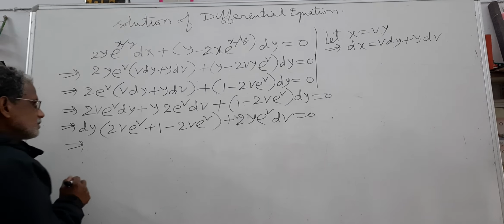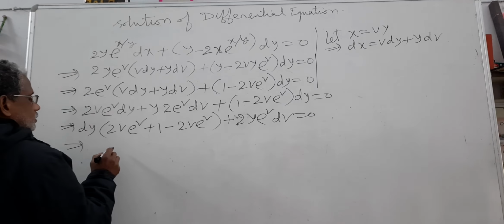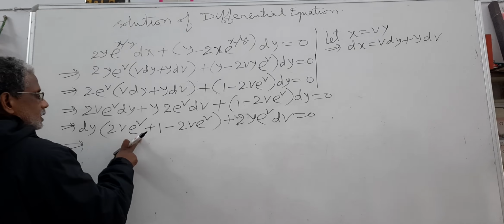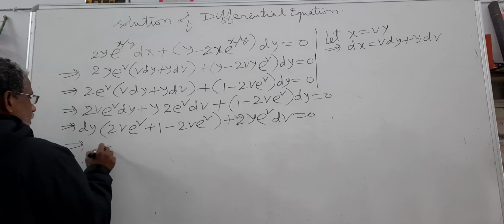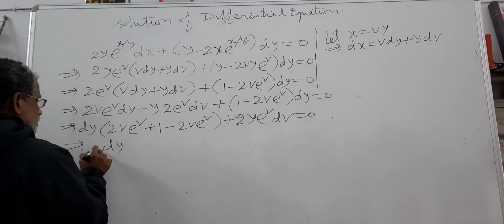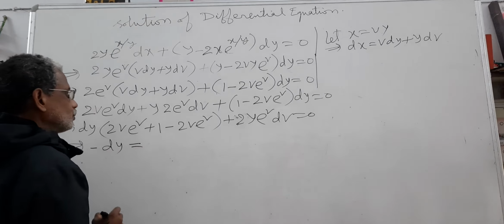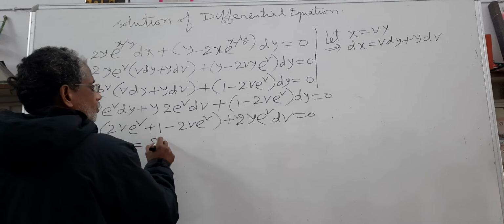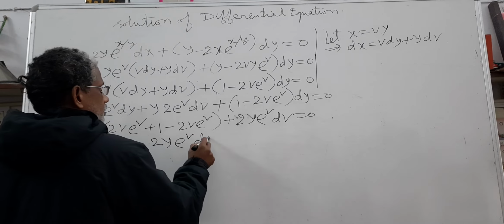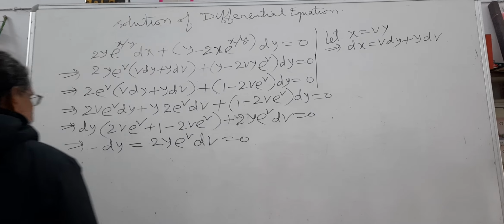This implies 2v e to power v and minus 2v e to power v we can cancel, which remains dy plus 2y e to power v dv is equal to 0.